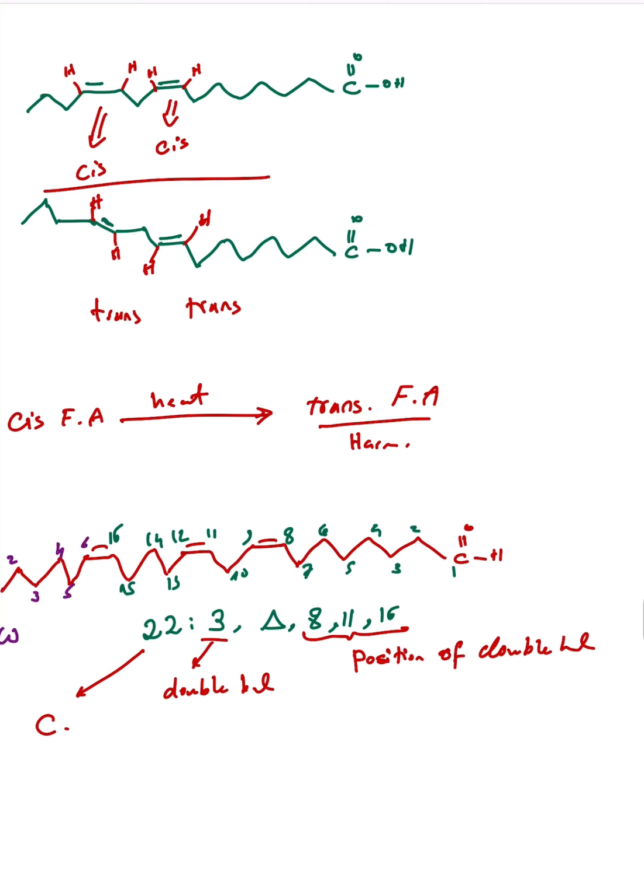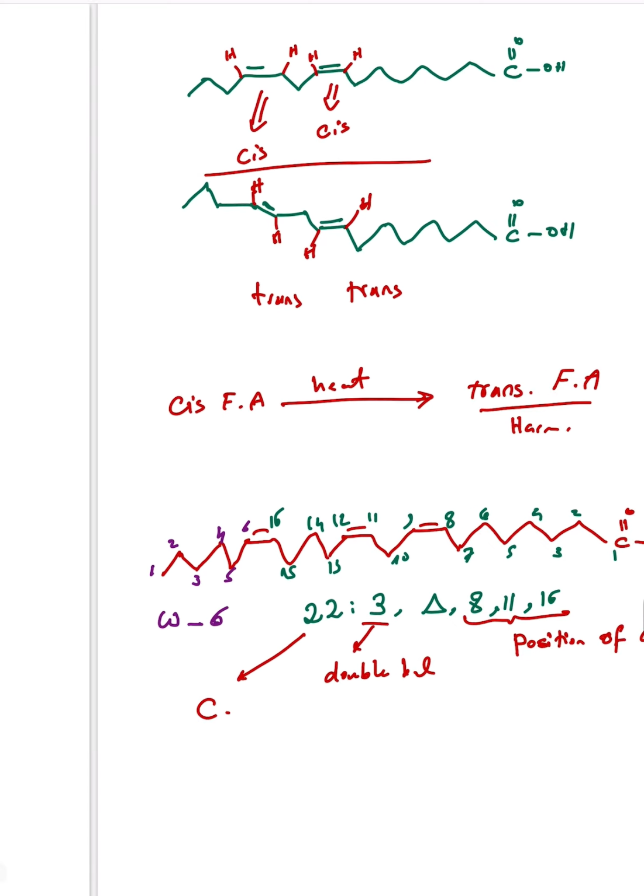The first double bond is at 6, then we can write omega 6. It is an official name for the polyunsaturated fatty acid. We can show it in 2 ways: with the omega, and also with the number of carbons and the double bond positions.